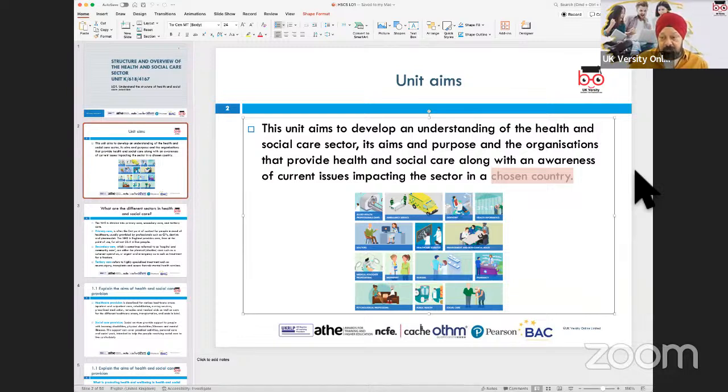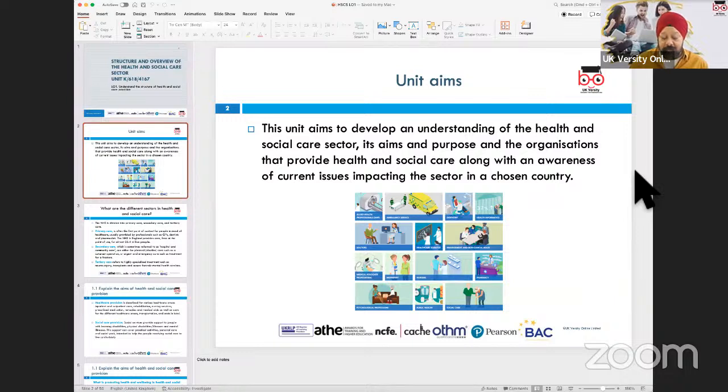Put an introduction down saying that I moved from Australia to the UK, or I've been living in Canada for a couple of years, and that's why I'm using the Canadian healthcare system, for example, in this particular unit. There is no way that I would know, and when we do mark, it'll be seen as a sign of plagiarism.